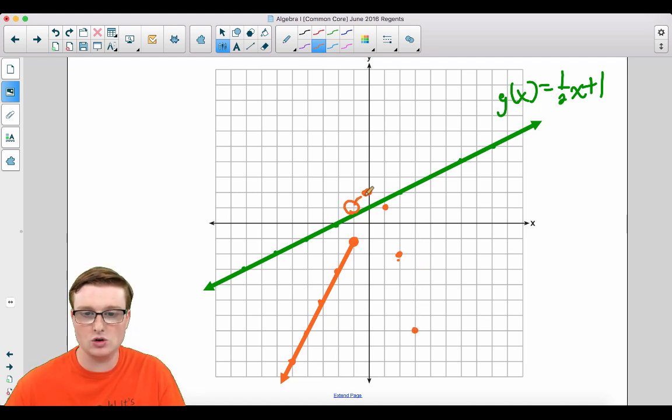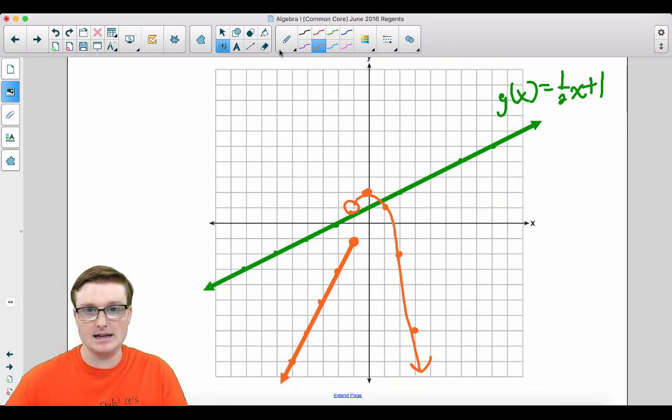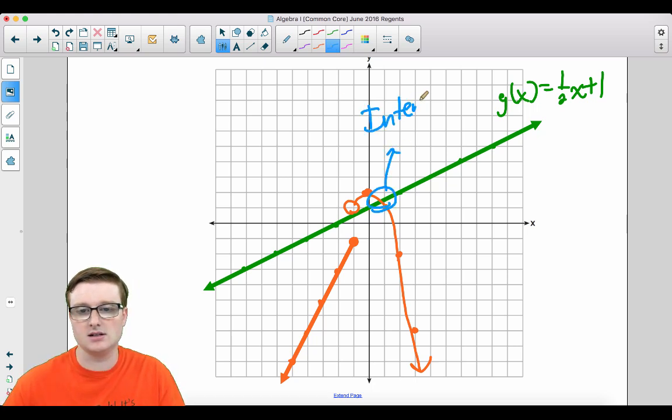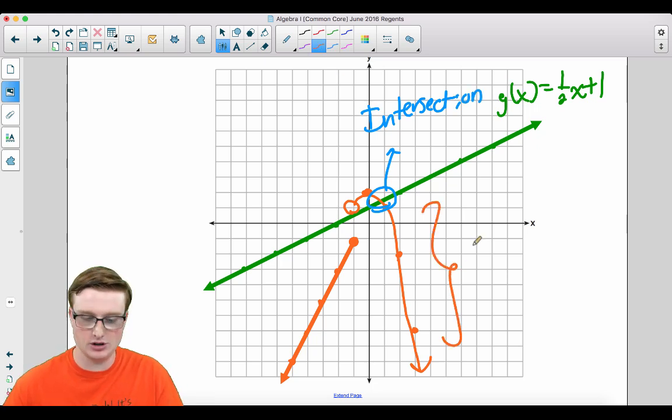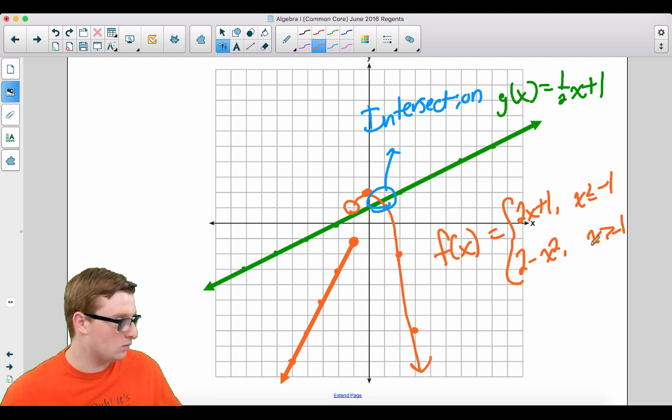Okay, that is your second half of the piecewise function, which is your parabola, which is that function right there. Now, this point right there, that is the intersection, just in case you're curious. And this orange function, make sure that you label it. This is f of x is equal to the piecewise function of 2x plus 1 for x is less than or equal to -1, and this is 2 minus x squared, where x is greater than -1.